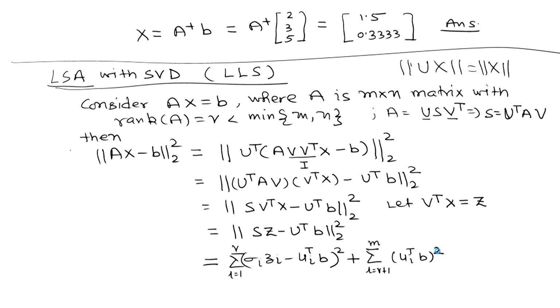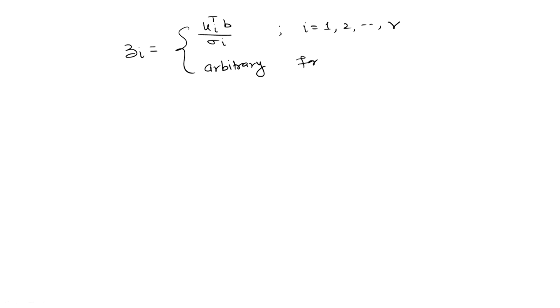So, from here I can write z i equals u i transpose b upon sigma i for i equals 1 up to r from the first term, and then it will be some arbitrary value for i equals r plus 1 up to n.